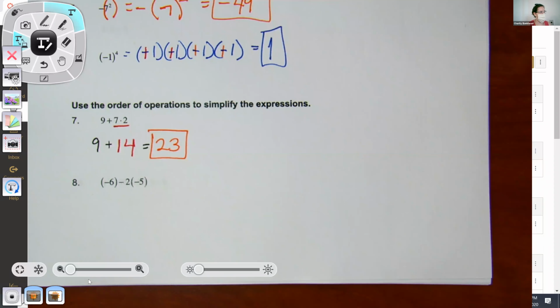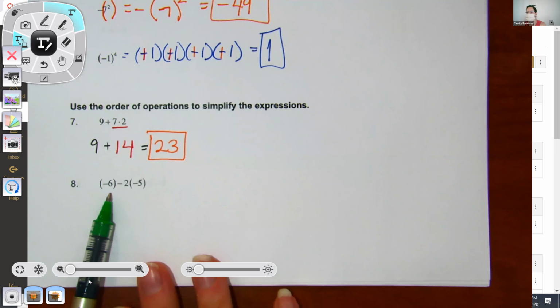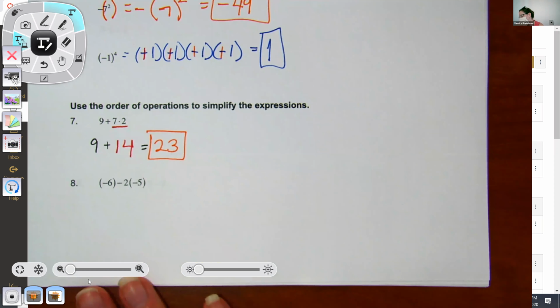But in this case, inside these parentheses, there's no operations that you need to actually do. There's just a number. So that's not really what it's talking about when it says parentheses. There's nothing on the inside of any of the parentheses to actually do, but we do need to multiply.